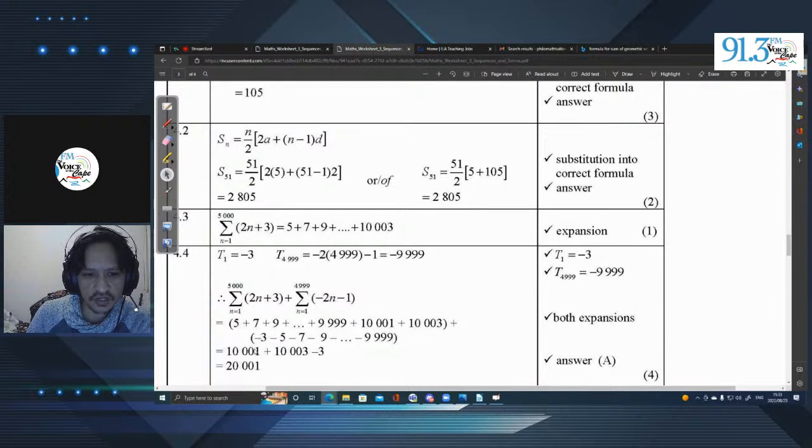Then they used the second last term and the last term of the first sequence, right? And then they got -3 over here, which was from the first term.